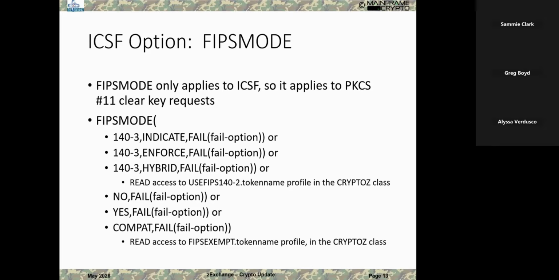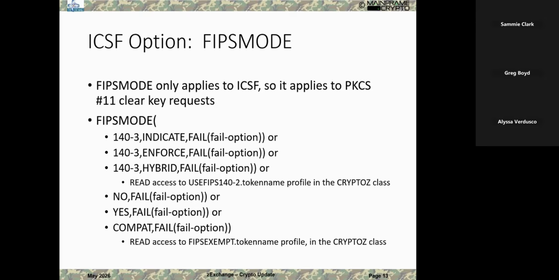So when you set FIPS mode 140-3 indicate, what you're telling ICSF is execute the APIs, and you're going to give me a return code that says the operation was successful, but you're also going to give me a reason code that says, yeah, I was successful, but I used a FIPS 140-2 algorithm, or I used a FIPS 140-3 algorithm. So it gives you the capability to enforce both.